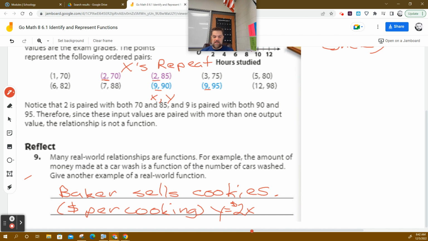So let's do it like this. Just say here, total sales, and then this could be number of cookies.